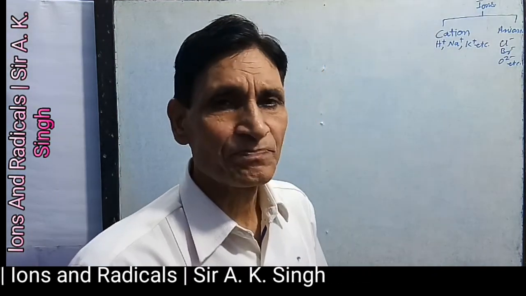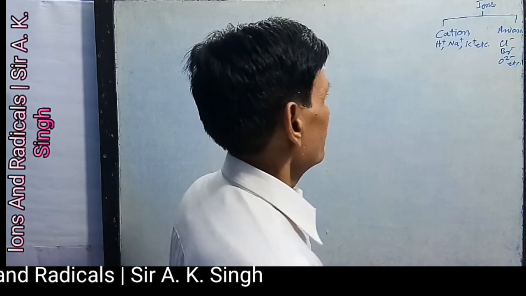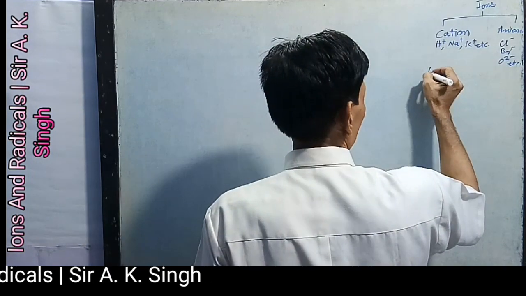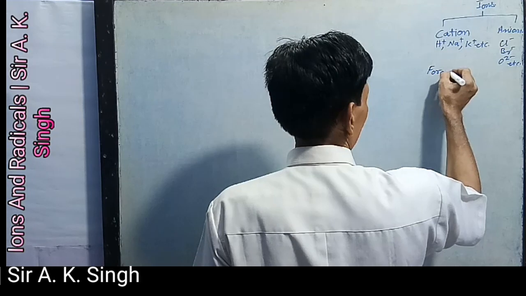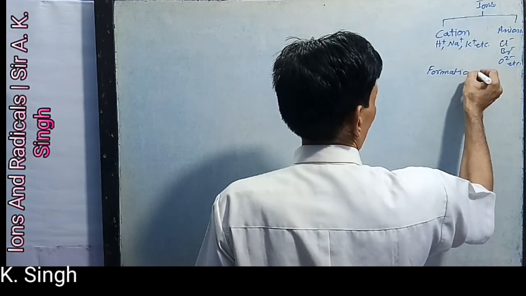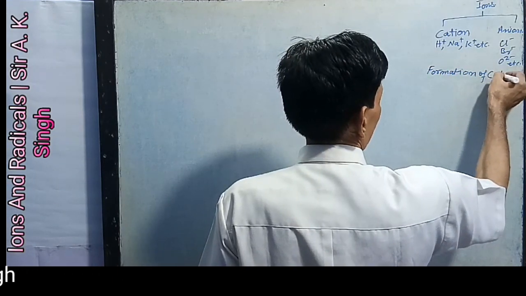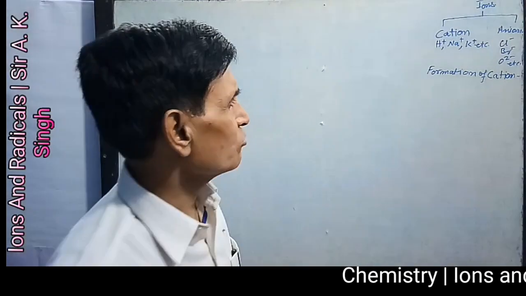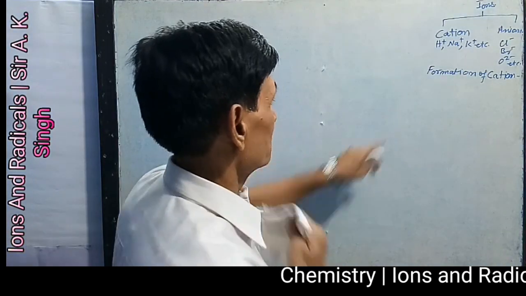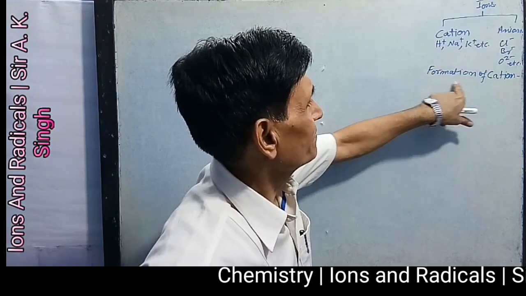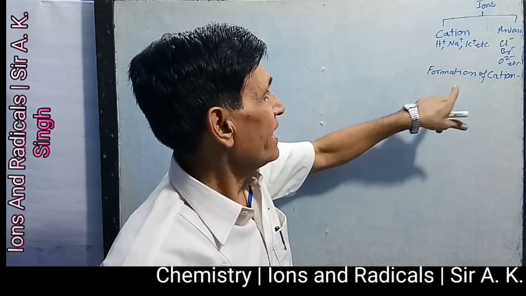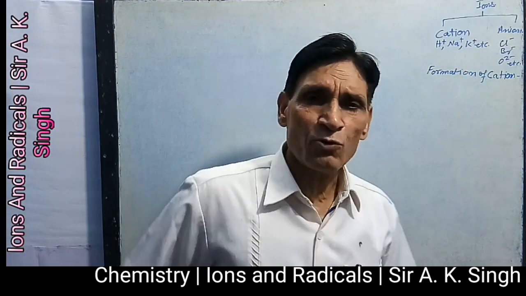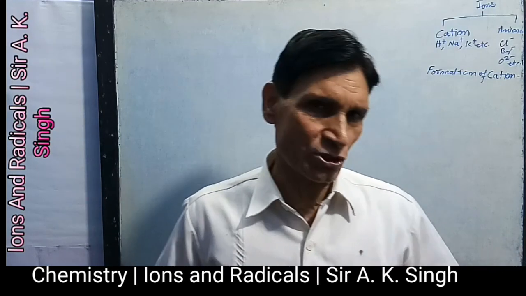Now next is formation of ions. Formation of cation. An atom or molecule or a compound as a whole is electrically neutral.